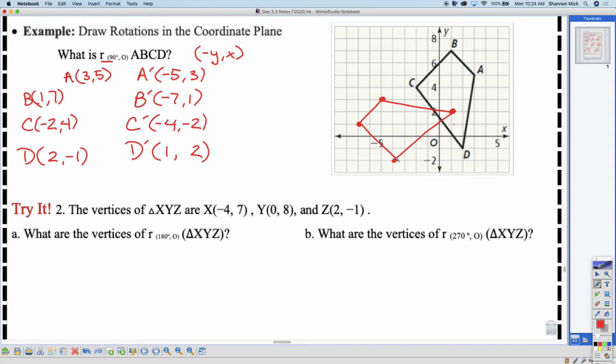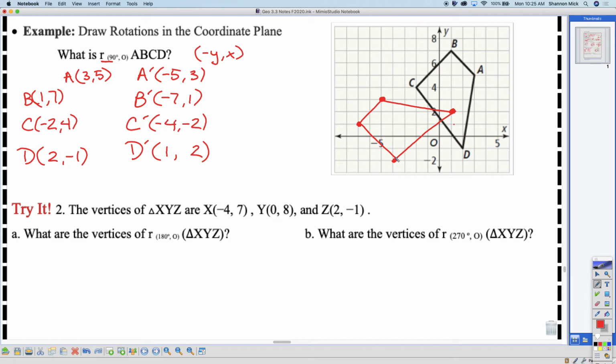It looks right on the paper. Okay. Your brain distorts it. Questions, guys?